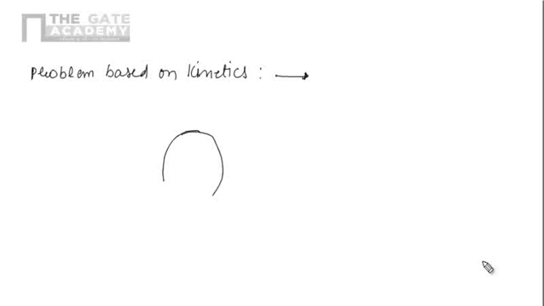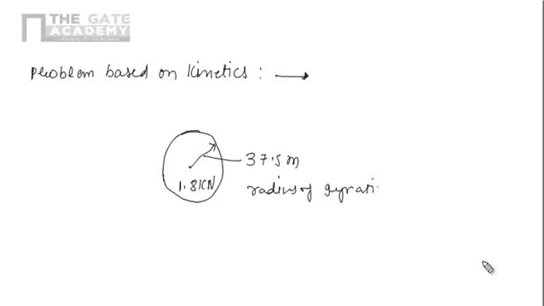A very important problem based on kinetics. Here I am drawing the diagram for understanding of the problem. A drum is given, and the radius of this drum is 37.5 centimeter, the weight of this drum is 1.8 kilonewton, and the radius of gyration for this drum is given, that is 30 centimeter.